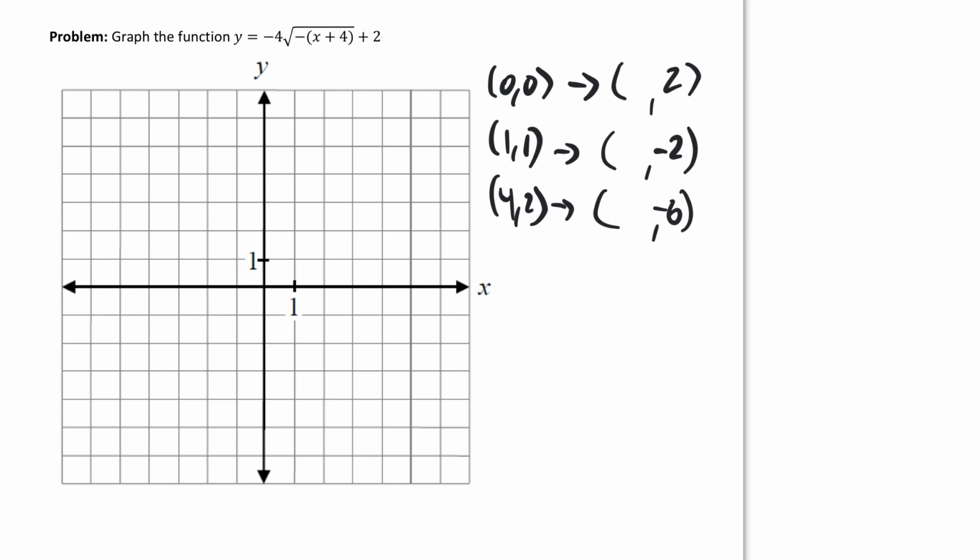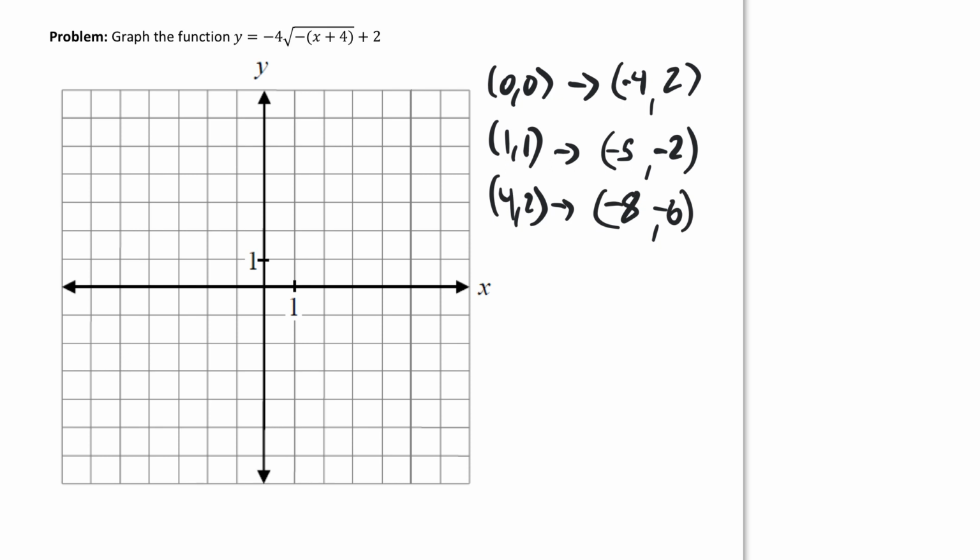Now we'll do the x values. We have to multiply by a negative, and then we have to subtract 4. So we should be getting -4, then -5, and then 4 makes -4, subtract another 4 is -8.